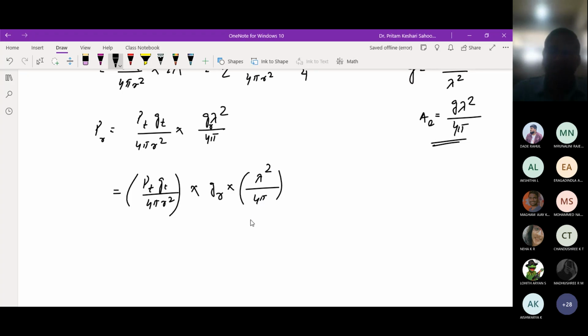This term is called spreading loss. Got the point? This is called spreading loss.